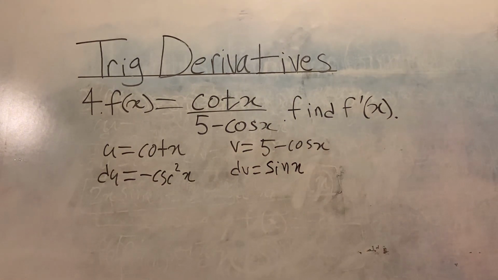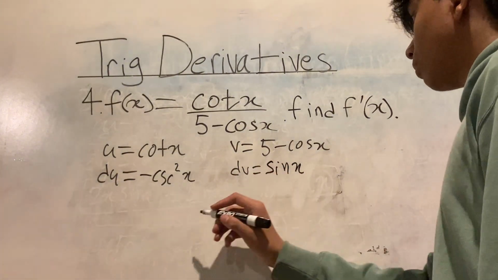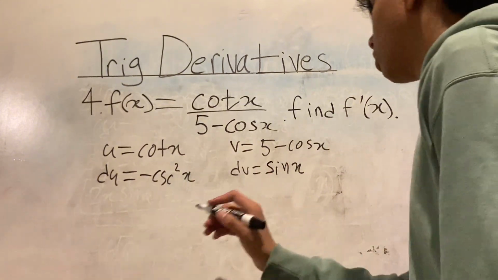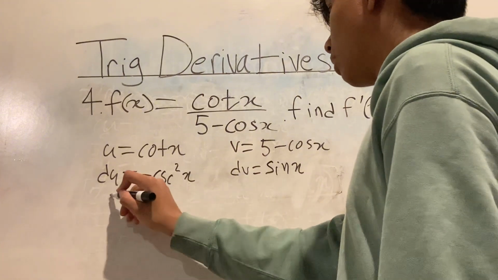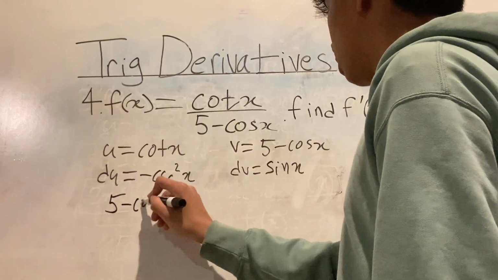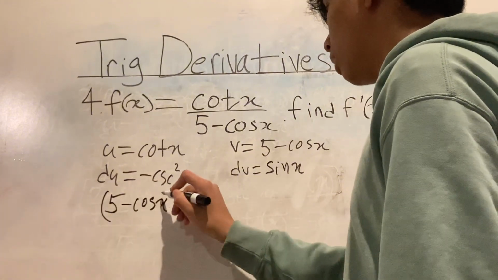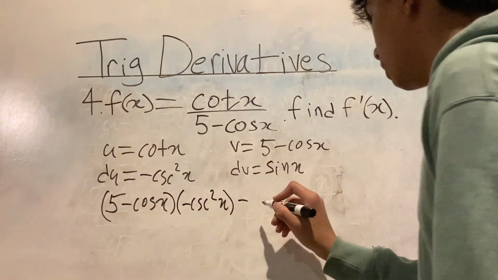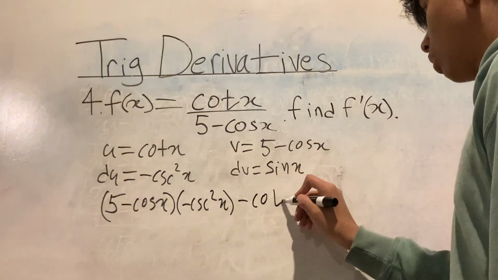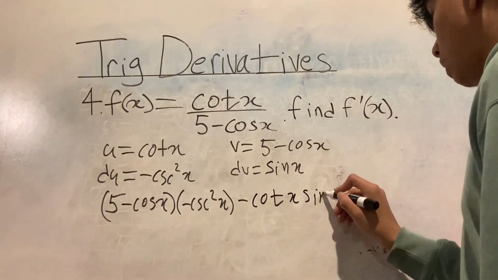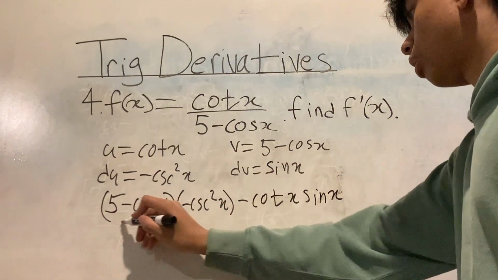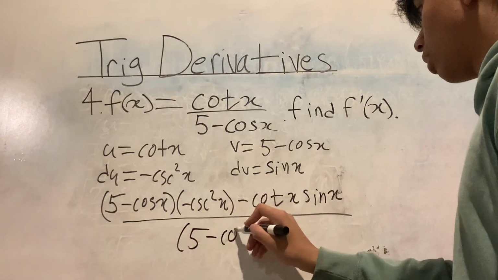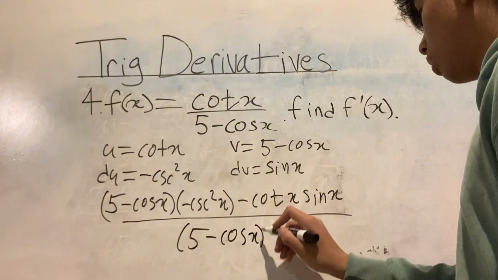So now let's put it into the quotient rule formula, which is v du minus u dv over v squared. So v du is 5 minus cosine x times negative cosecant squared x minus cotan x sine x, and it's all over 5 minus cosine x whole squared.